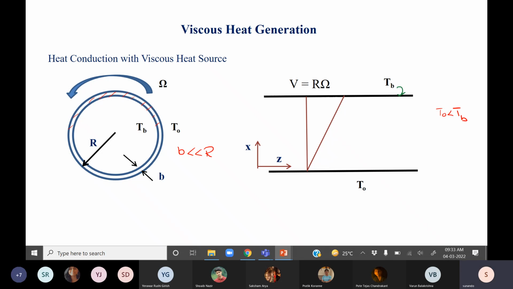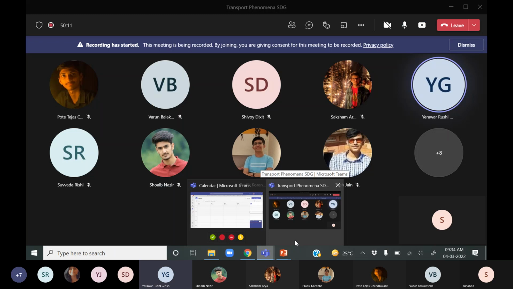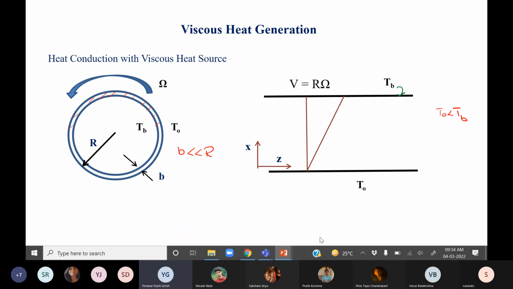Obviously our first inclination would be to choose TB as the maximum temperature, but do you have any doubts in your mind whether or not TB is going to be the maximum? Sir, if there is a viscous heat source, then it might be possible that the temperature profile may be parabolic or something other. So it might happen that the Tmax would lie in the liquid film.